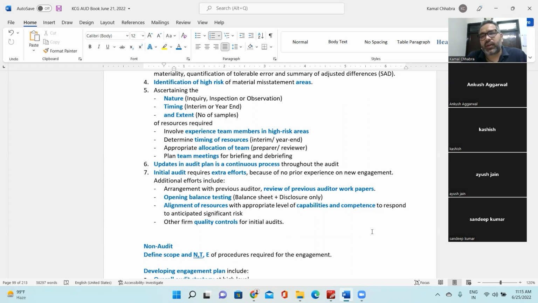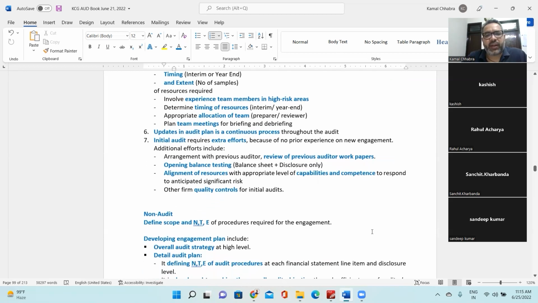And third is before finalization of accounts, and then last is the conclusion stage, right? Depending on the nature and complexity of the audit, you can increase the number of internal team meetings. So those things also you need to plan at the planning stage.